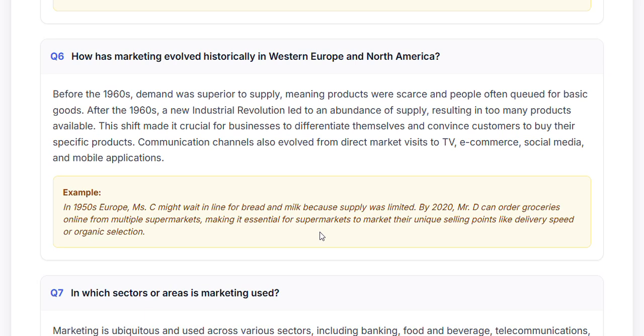After 1960, a new industrial revolution led to abundant supply, resulting in too many products available. This made it crucial for businesses to differentiate themselves and convince consumers to buy their special products.